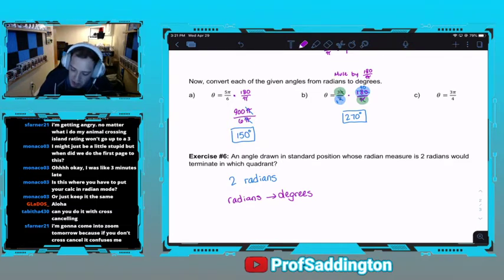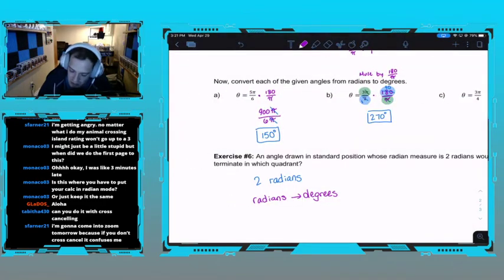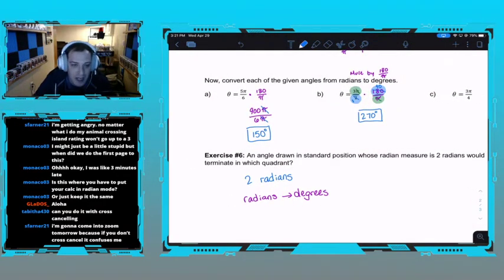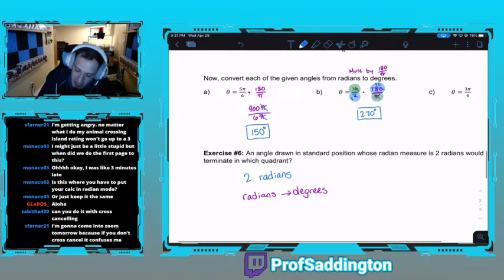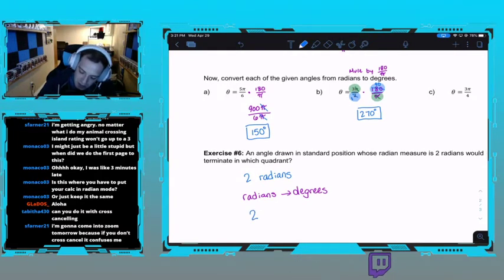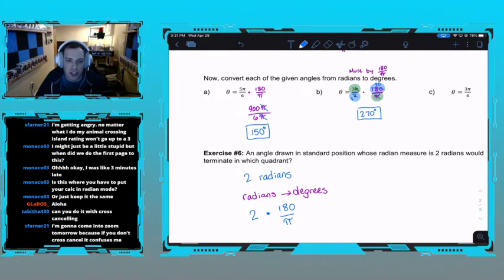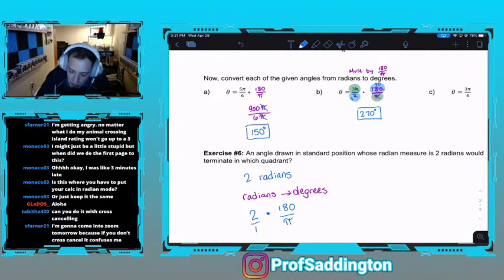So since we started off with 2, sorry, I hit the button on top, so my iPad just went to sleep. If I have 2, I have to multiply it by 180 over pi in order to change it into degrees. So I'm going to put the 2 over 1.